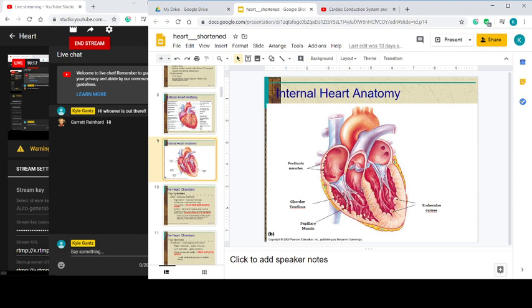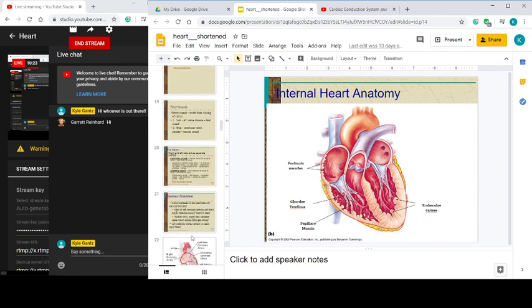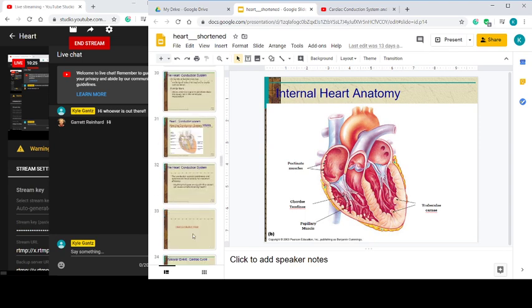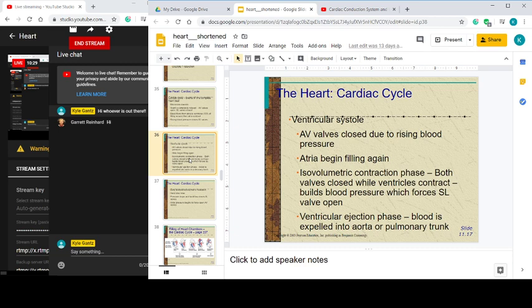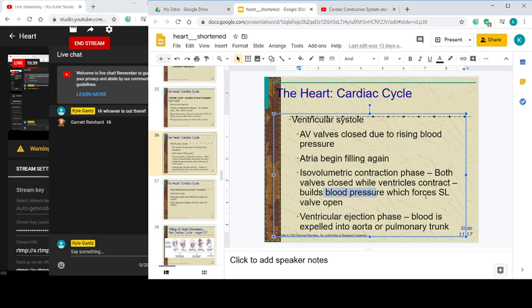So we've built this isovolumetric pressure from this contraction. This isovolumetric contraction builds blood pressure, which forces the semilunar valves to open.